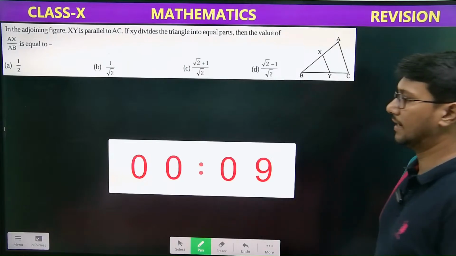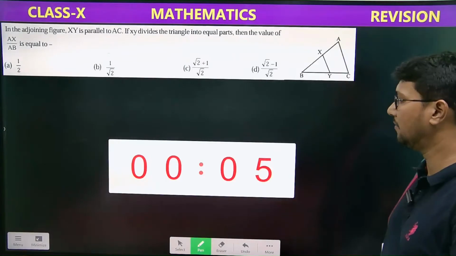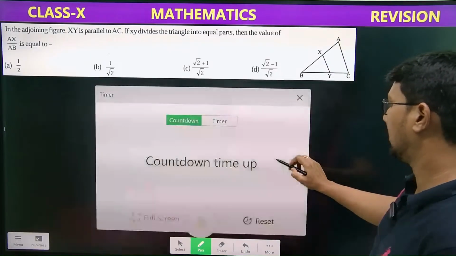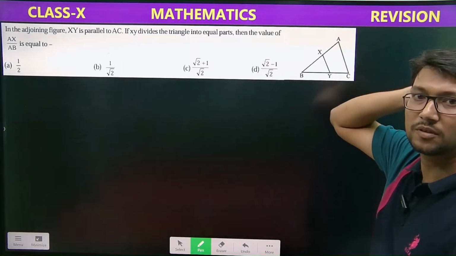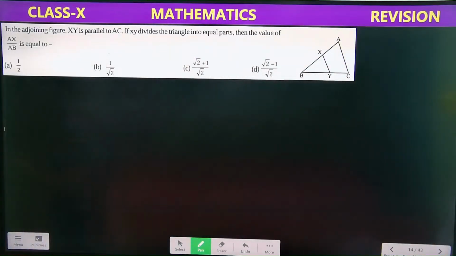Time is going to be over right now. Yeah, time stop. Clear? Let us see what the question given is. How many have given the answer? Okay, ठीक है. Question भेज दो.